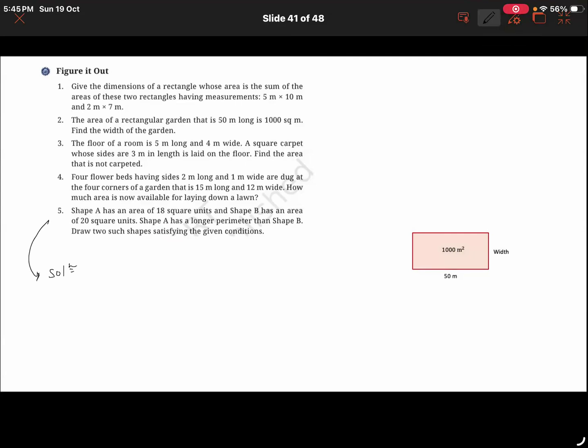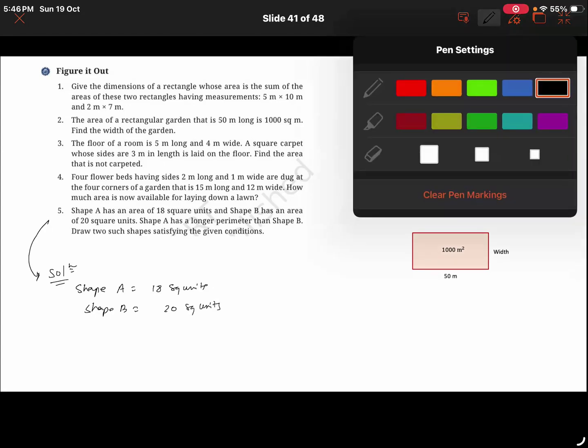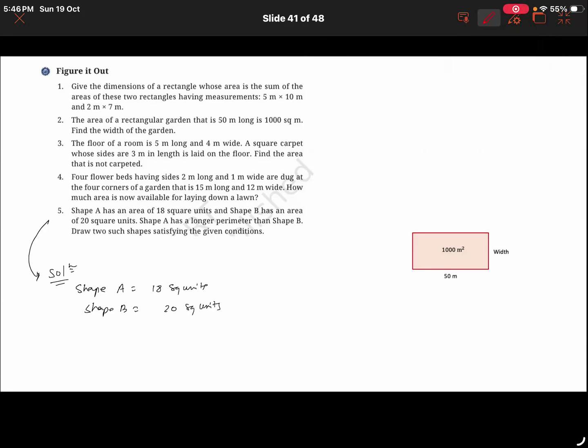First of all, we will write down whatever is given. Shape A area is equal to 18 square units. Shape B, in the question it is given 20 square units.